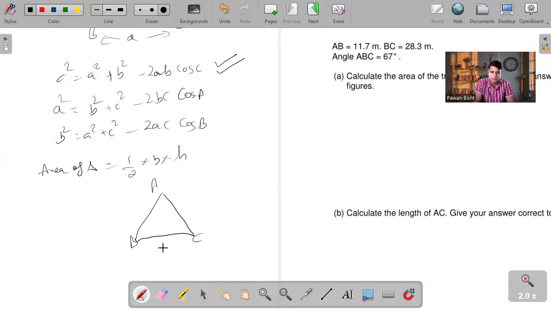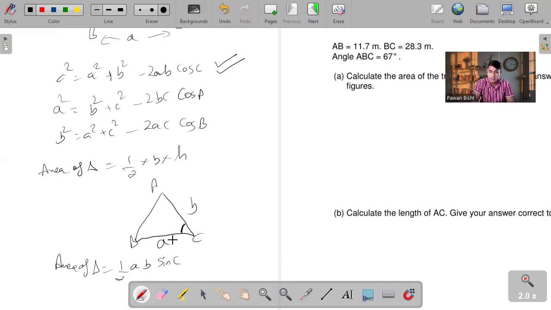For example, this is a and this is b, and this angle is given. So area of triangle will be half ab sin C. Always remember the angle should be between the two sides for area of triangle and for cosine rule. The angle should always be between the two sides.